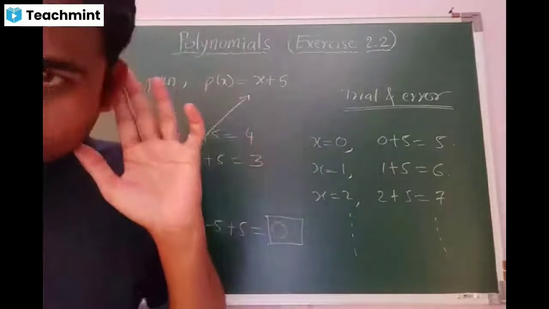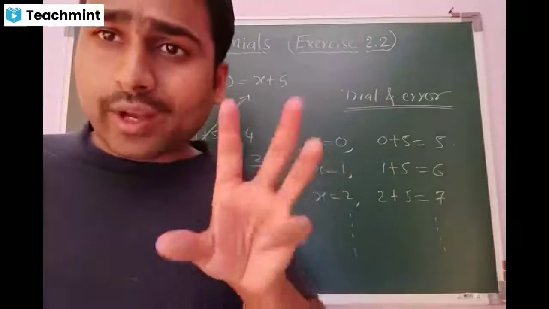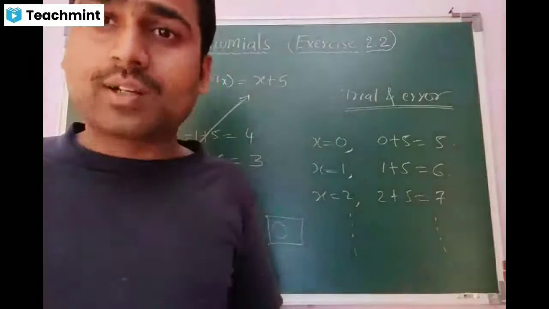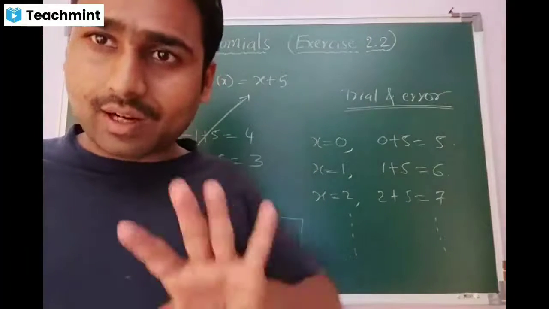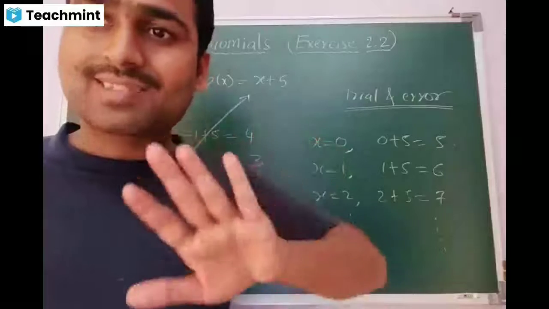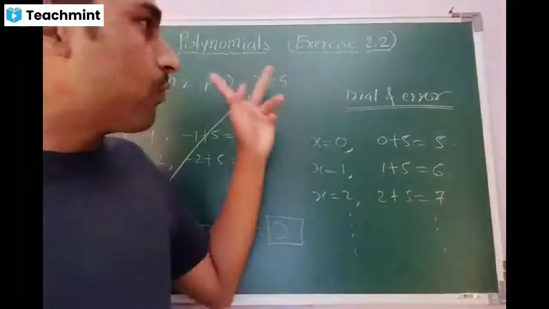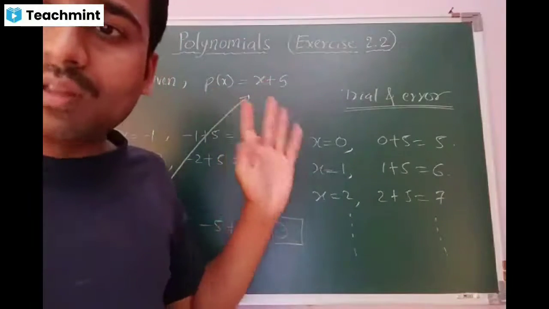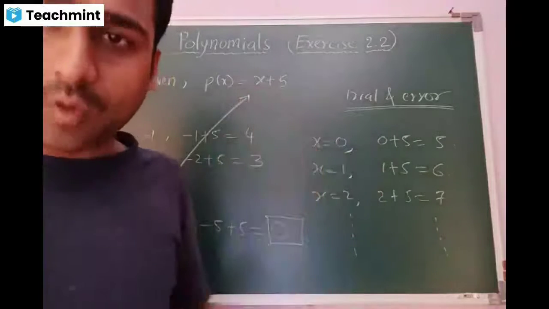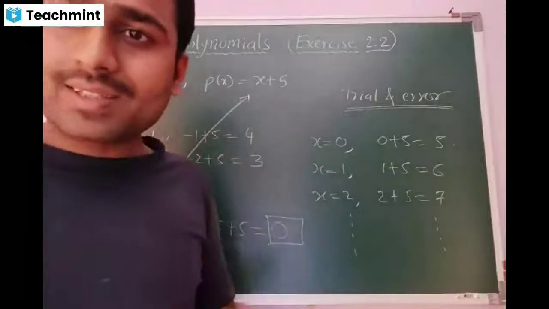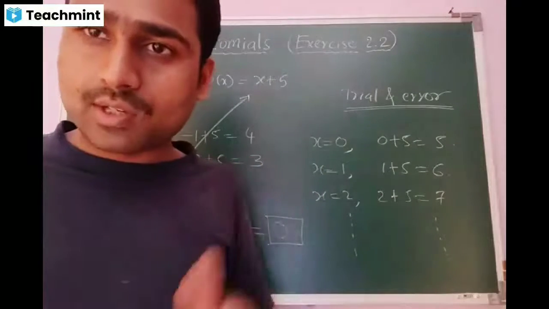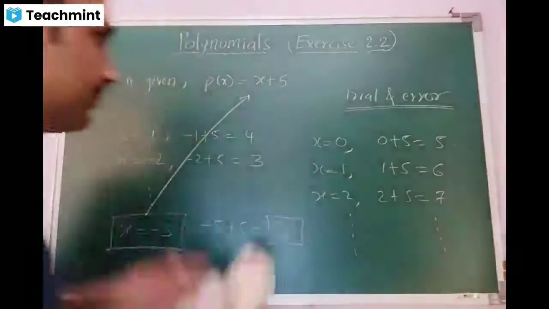So, in order to reduce our burden and save time, there is a trick. There is a separate procedure for finding the root, the zero, of the given polynomial. So we will discuss that particular procedure now. Is that clear?